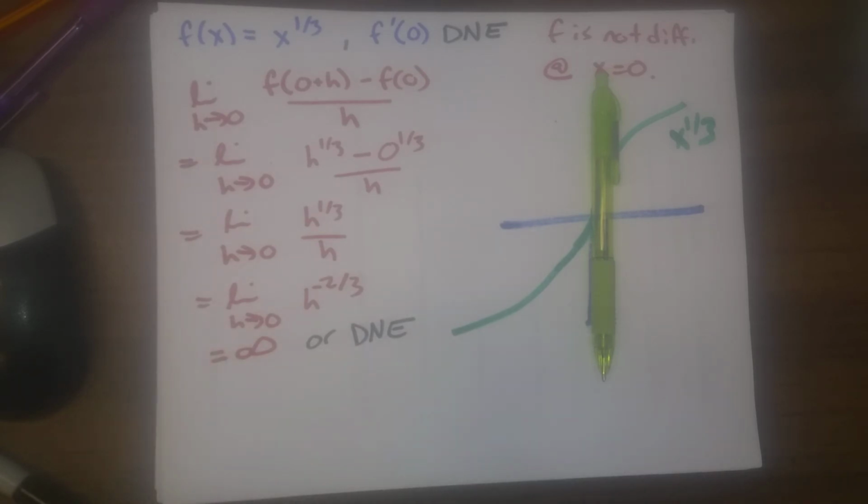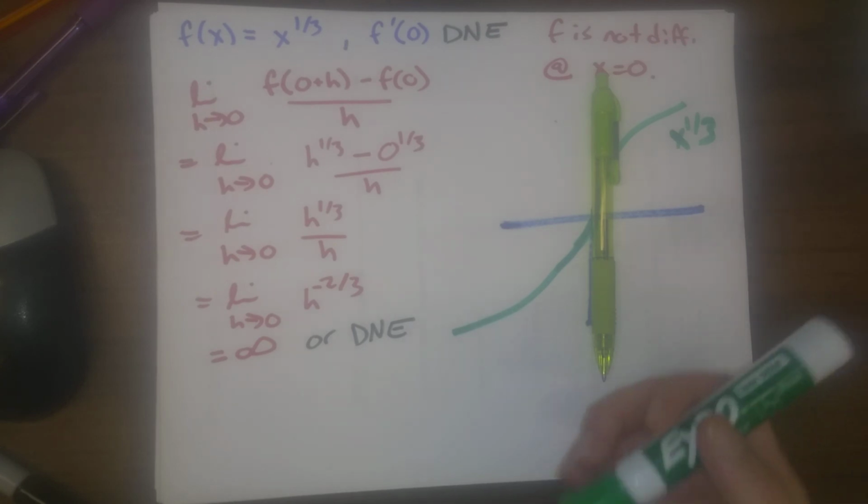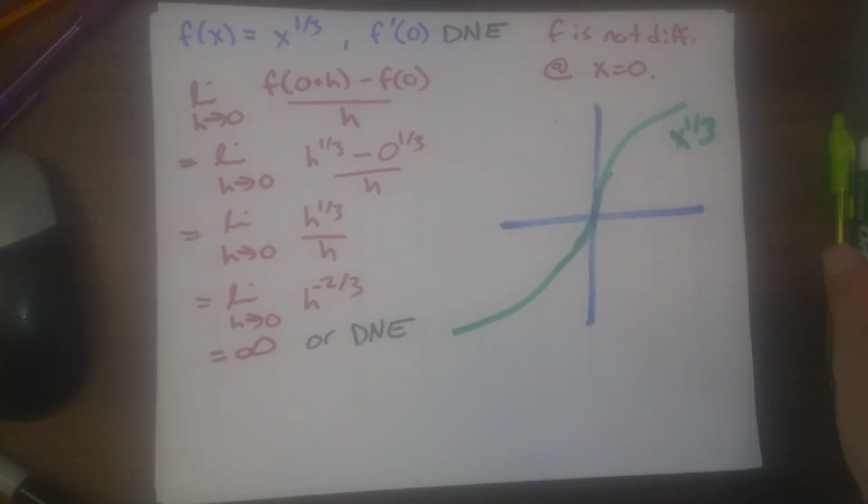The tangent line is exactly the same thing as, in this case, the y-axis. And so what's the slope of a vertical line? Slope of the vertical line is infinity. So that's matching up with f prime of 0 does not exist.